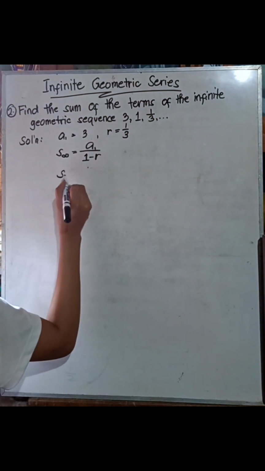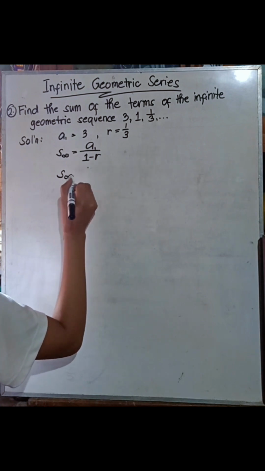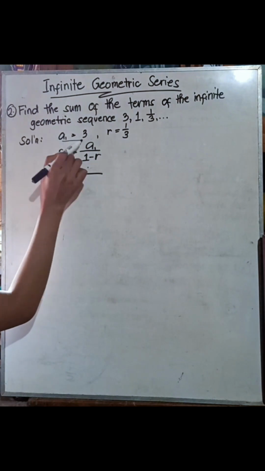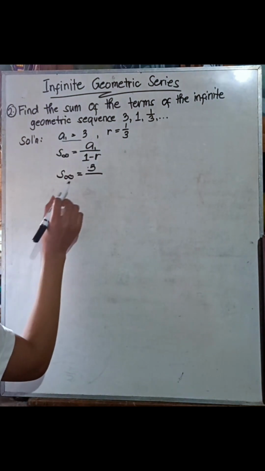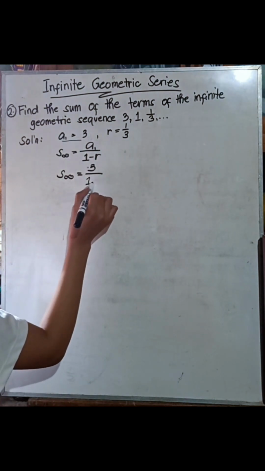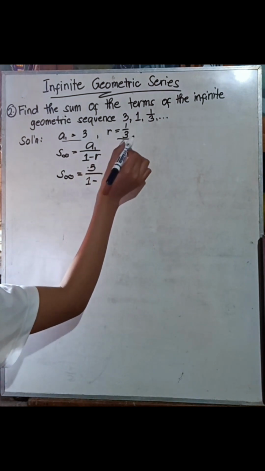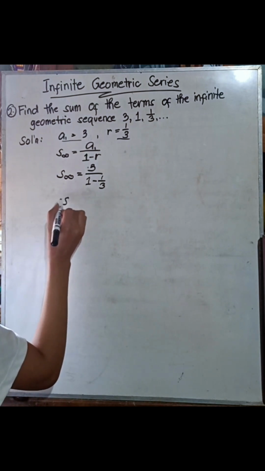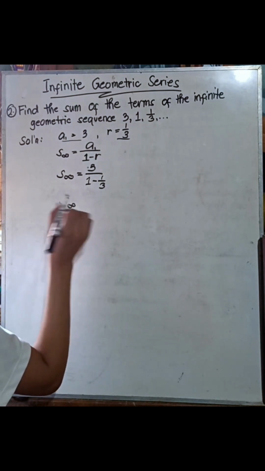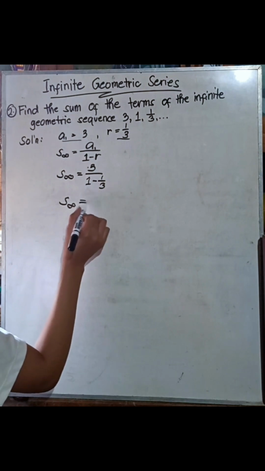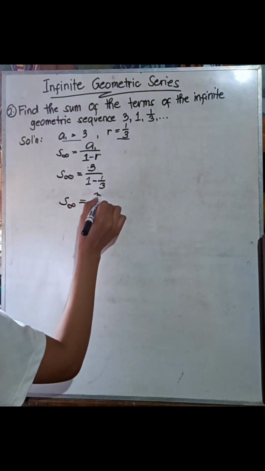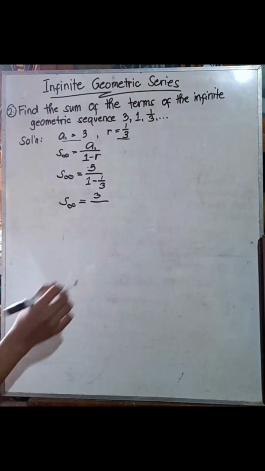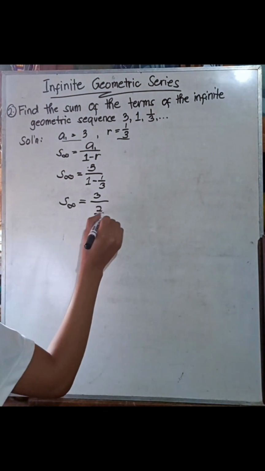So, S sub infinity is equals to, our A sub 1 is this 3, over 1 minus, our R is this one, 1/3. Now, let's solve this. S sub infinity is equals to 3 over 1 minus 1/3, which is equals to 2/3.